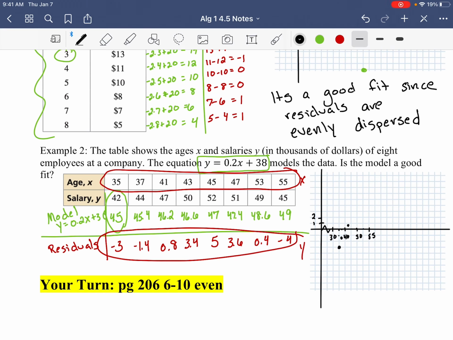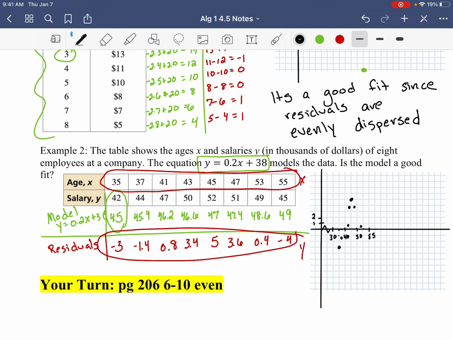At 43, we're at 3.4. At 45, we're at 5. At 47, we're at 3.6. At 53, we're at 0.4.